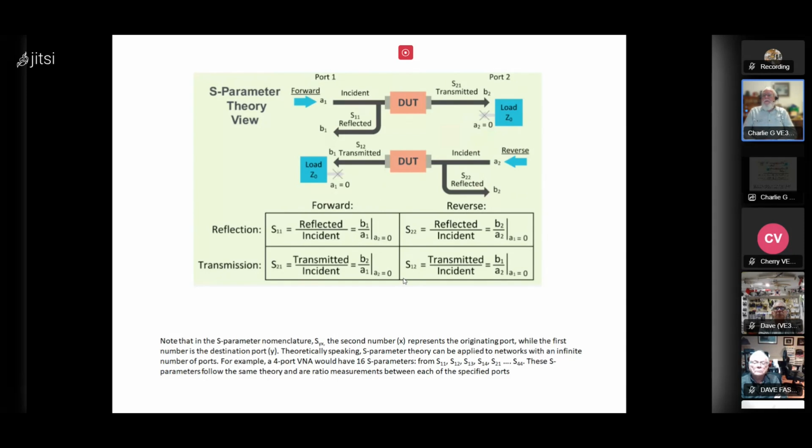VNAs, by the way, it's worth noting, don't all have 2 ports. Some have many ports. So if you've got a 4-port VNA, for example, you'd have 16 S parameters, right? So you'd have the S11, S12, S13, S14, and then S21, S22, and so on up into S44.